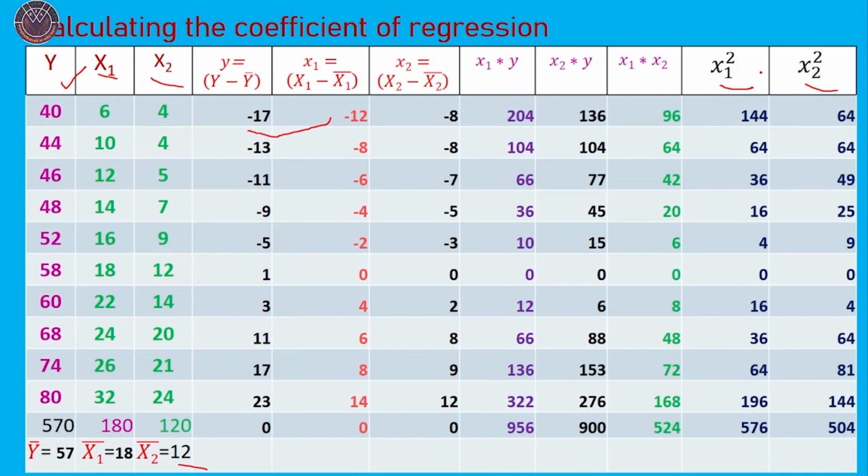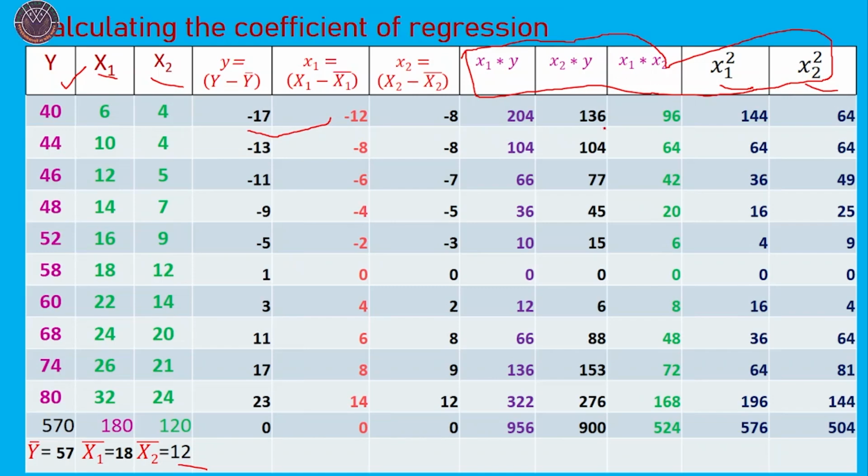We are getting all these values because we have to obtain the intercept beta 0 and the regression coefficients of x1 and x2, because all these values are required as per the formula of beta 0, beta 1, beta 2.